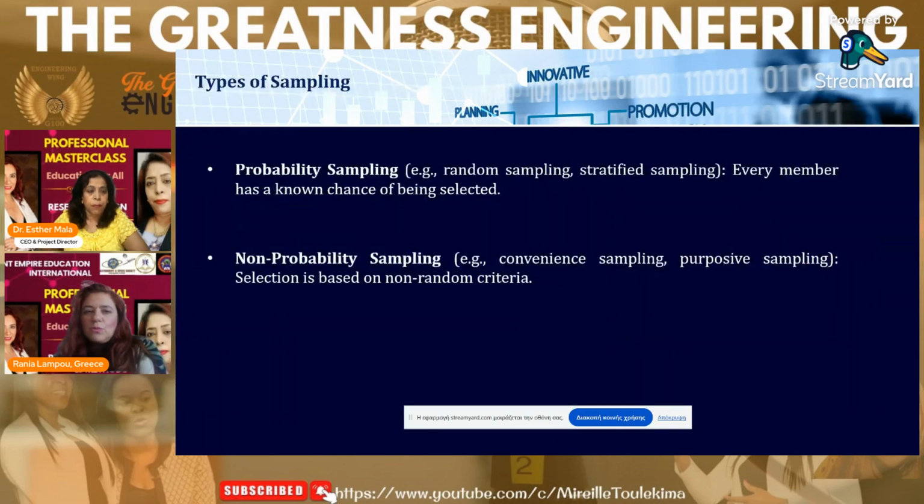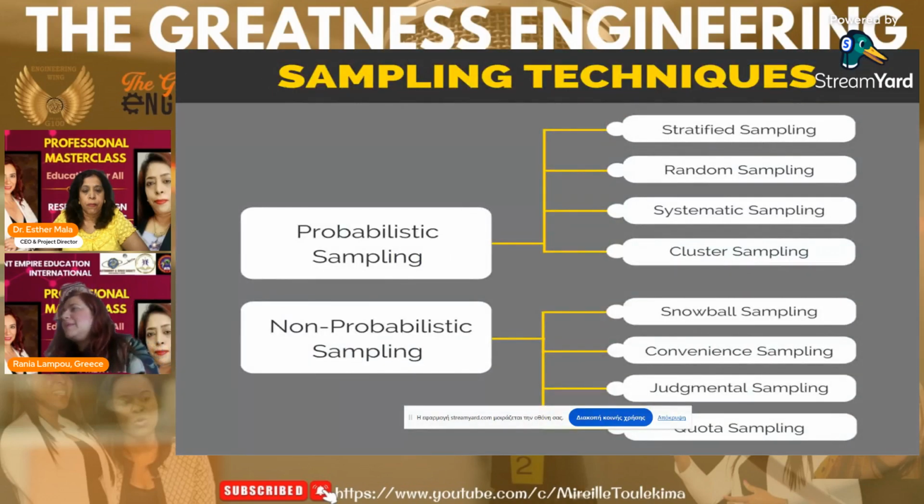What you need to know is that the main types of sampling are probability sampling, which includes random sampling, systematic sampling, cluster and stratified sampling. On the other hand, we have non-probability sampling, which includes convenience, judgmental or purposive sampling, quota, and snowball sampling.